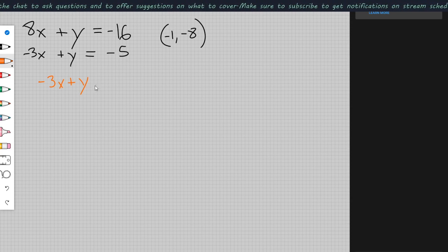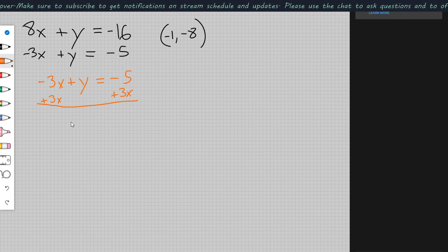Alright, so I'm going to solve negative 3x plus y equals negative 5. I'm then going to add the 3x over. And we get y equals 3x minus 5. So then anytime I see a y in the other equation, I'm going to plug that in.